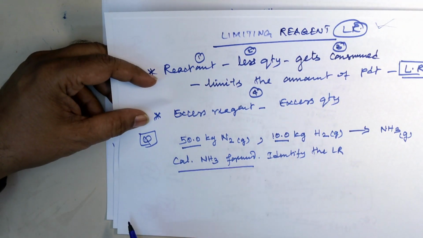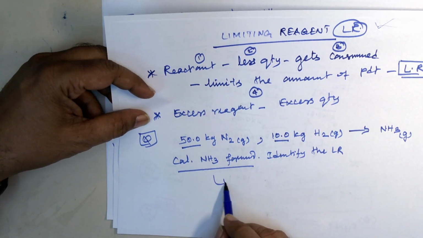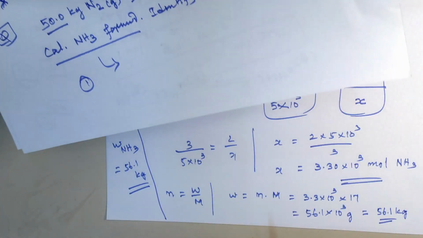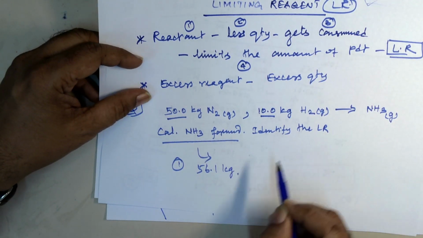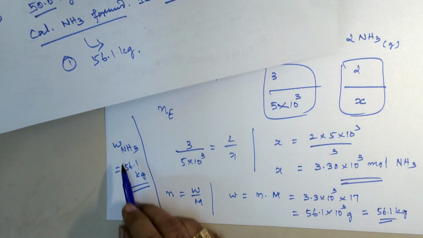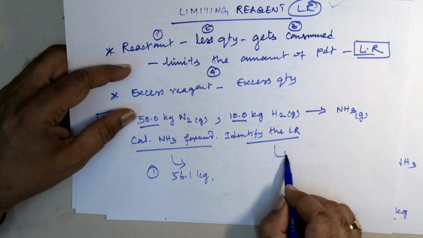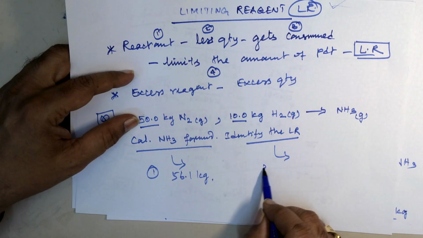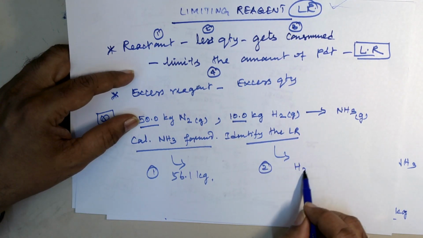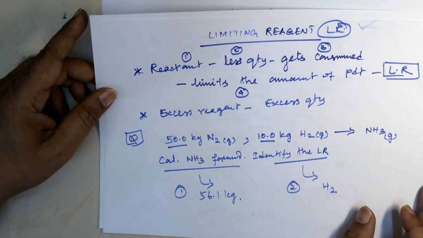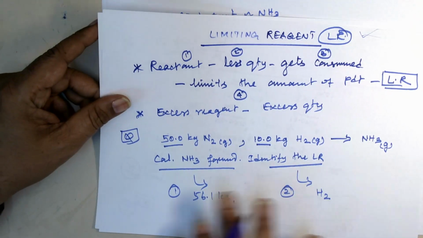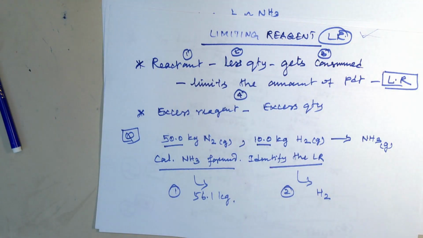Calculate the ammonia formed, right? So that is how much? That is the first answer. 56.1. And identify the LR, that is limiting reagent, and that is hydrogen. That is the second answer. That is hydrogen is the limiting reagent. So this is the way you have to do this limiting reagent. Any doubt? Please go through once again. If there is any doubt, you can ask me.